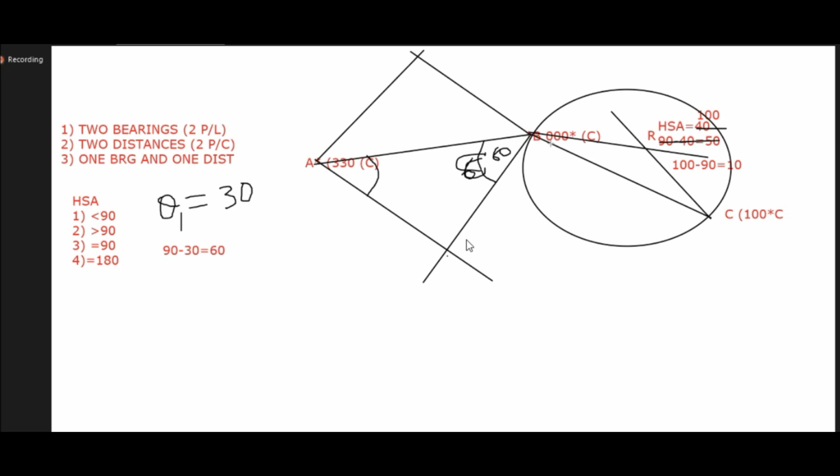That means HSA is 30, less than 90. Complementary angle 90 minus theta is 60, and I have drawn it towards the vessel. But the angle between B and C I have changed to 100. That means the HSA between B and C is 100 degrees. If the theta is more than 90, then 100 minus 90 is equal to 10, and draw on the opposite side of the vessel.